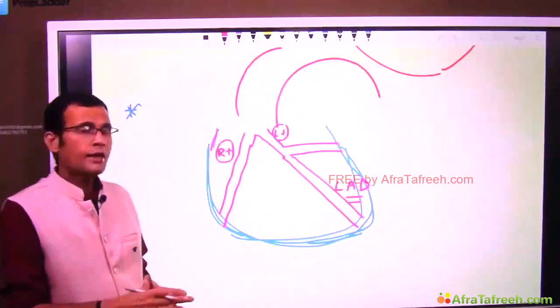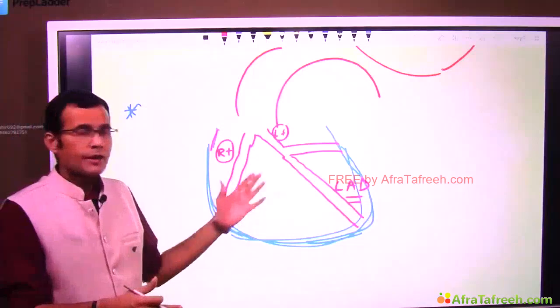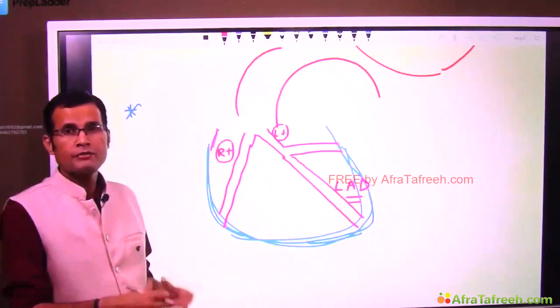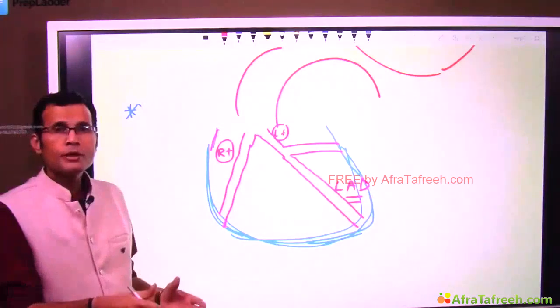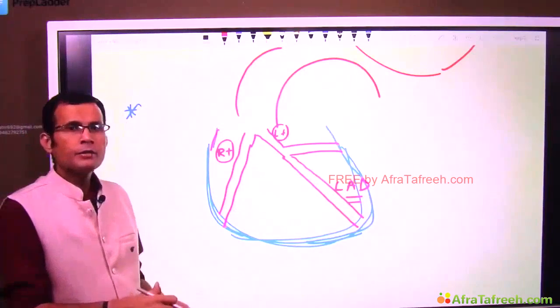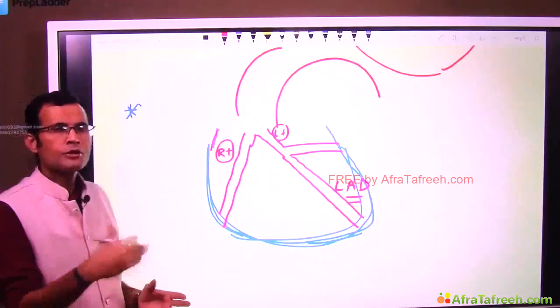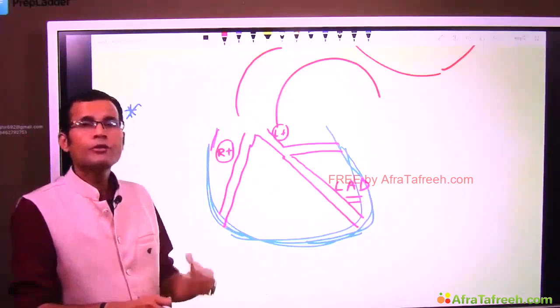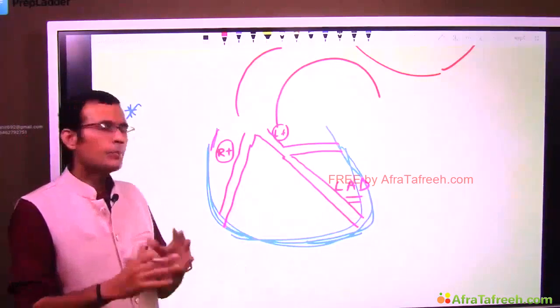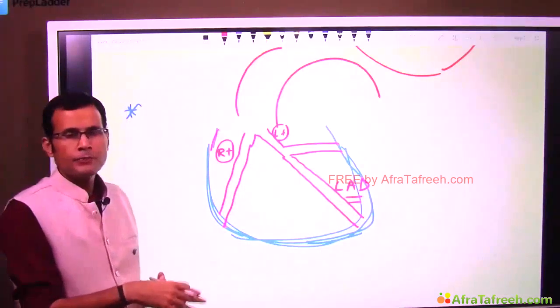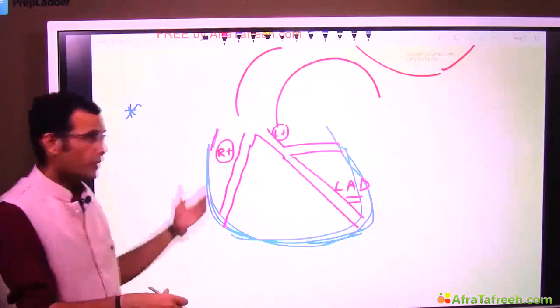Many cardiologists have called this left anterior descending coronary artery the widow's artery because it's most commonly involved in fatal myocardial infarctions causing sudden death, predominantly seen in males. So it has been called the widow's artery.